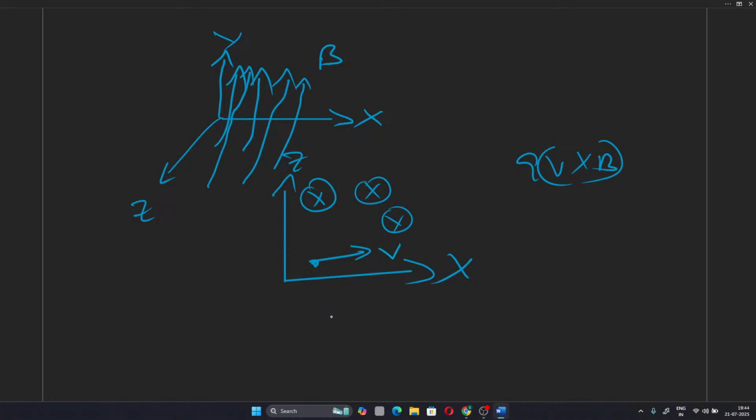We take that, then both are perpendicular, and when we take the direction, it will be acting towards the z-axis, that is for a proton. If it was an electron, it will be acting opposite to that, the negative z-axis, that is the direction of the Lorentz force.